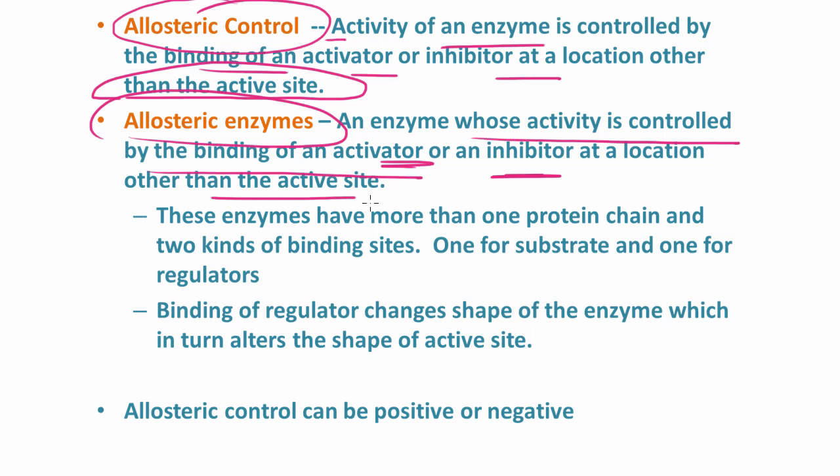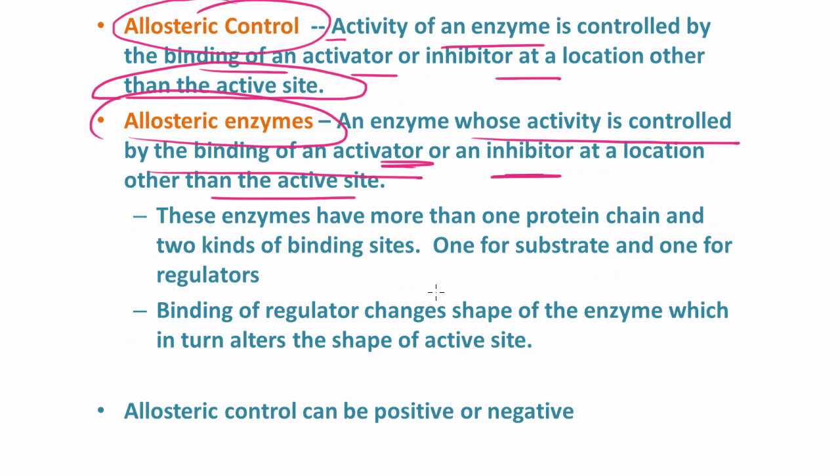So these allosteric enzymes can either activate the enzyme, in other words, make the active site available by binding someplace else on the enzyme, or they can inhibit the enzyme, in other words, make the active site unavailable. Okay?